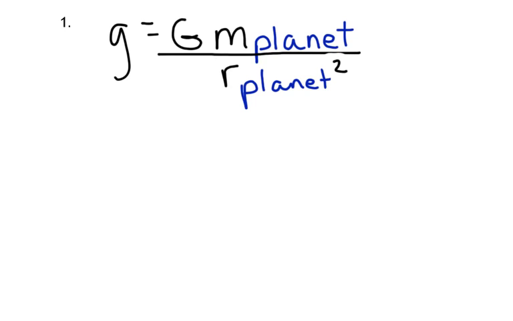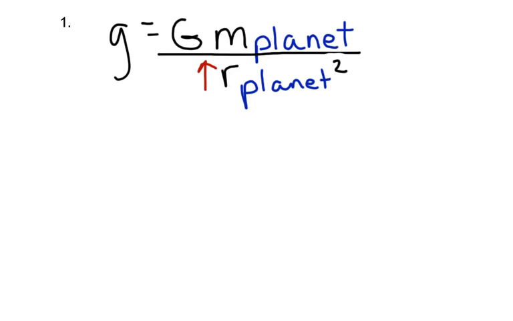Looking at the acceleration due to gravity a little bit more, let's play around with this a little bit. So your acceleration due to gravity then is equal to the universal gravitational constant multiplied by the mass of the planet that you are on, divided by the radius of that planet squared. Now let's see, for example, the radius of the planet increased by some amount.